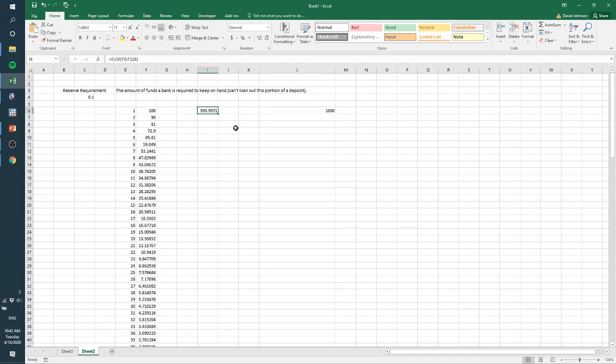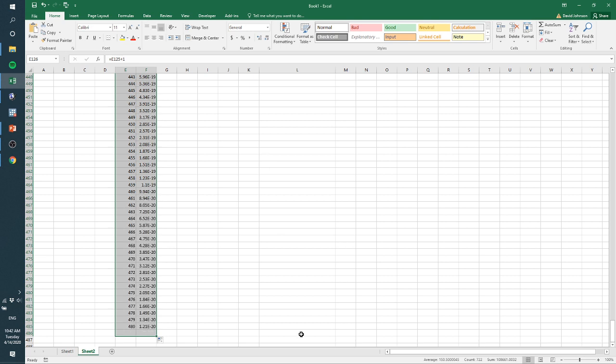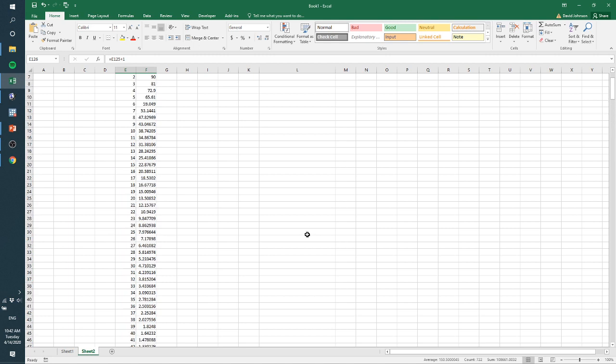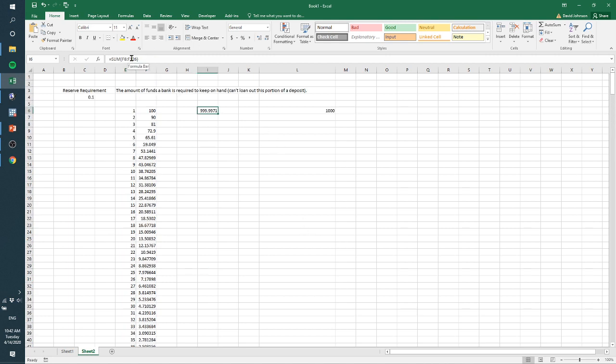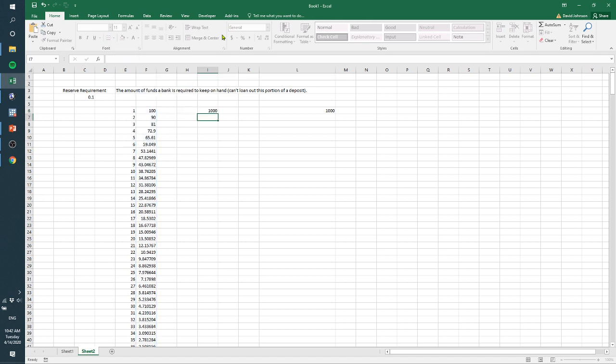And I know you see this $999.9971, but if we keep going to infinity, smaller and smaller, this number is going to gradually approach 1,000. So just to show that, let's do F200, and see now we're at 1,000. So just this small amount of money deposited ends up creating 10 times that amount.